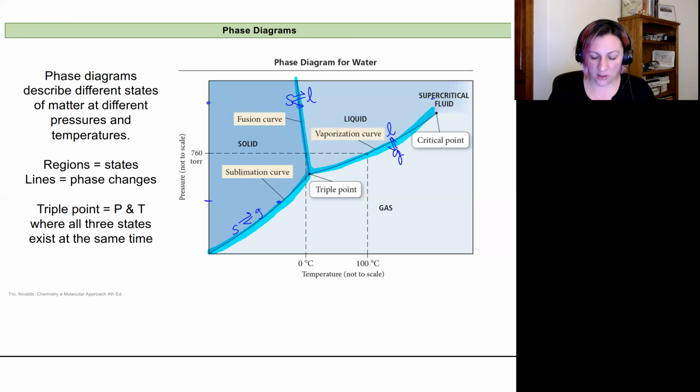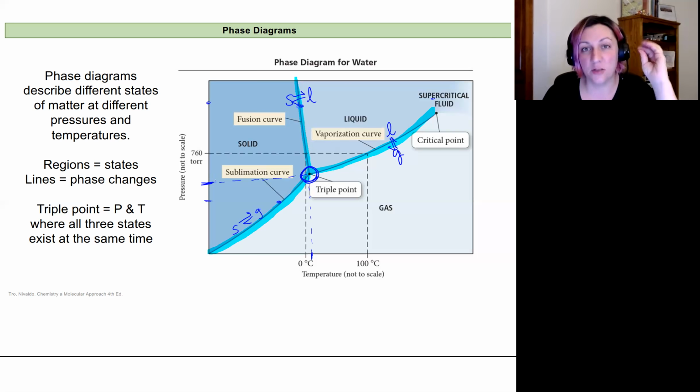So the triple point is this fantastic place at a specific pressure and temperature. It'd be somewhere a little bit above 0 degrees Celsius and well below atmospheric pressure. We actually see all three phases exist at the same time in a phase change. So you see a solid, a liquid, and a gas. So imagine boiling ice water, right?